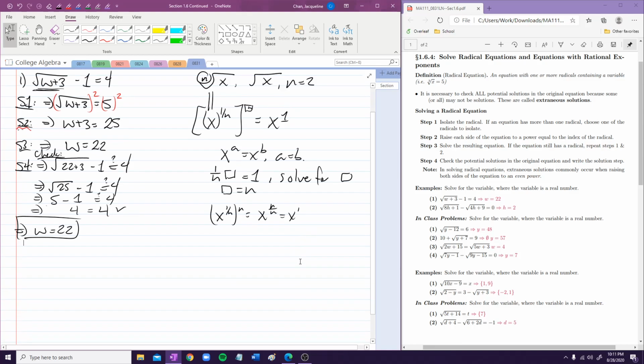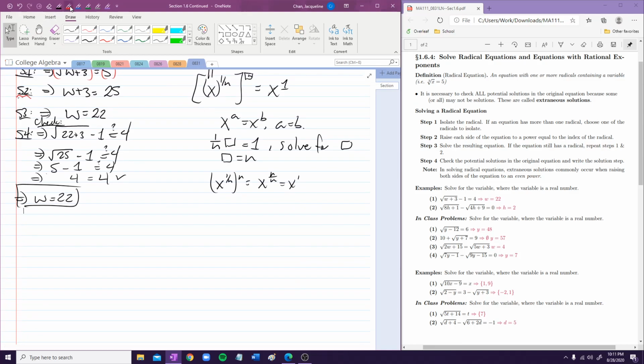Right? So now let's do the second example. We are given the square root of 8h plus 1 minus the square root of 4h plus 9 is equal to 0. So step 1, we want to isolate the radical. If an equation has more than one radical, choose one of the radicals to isolate.